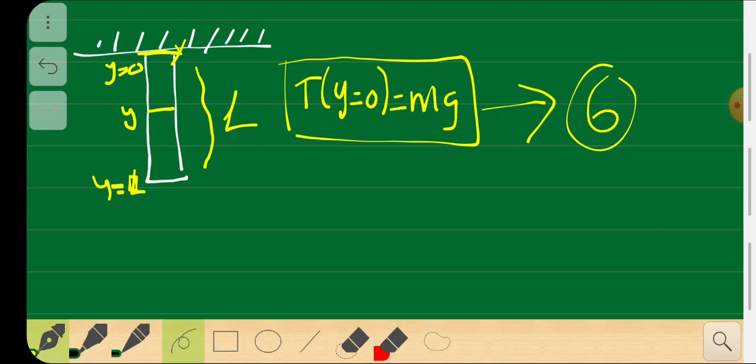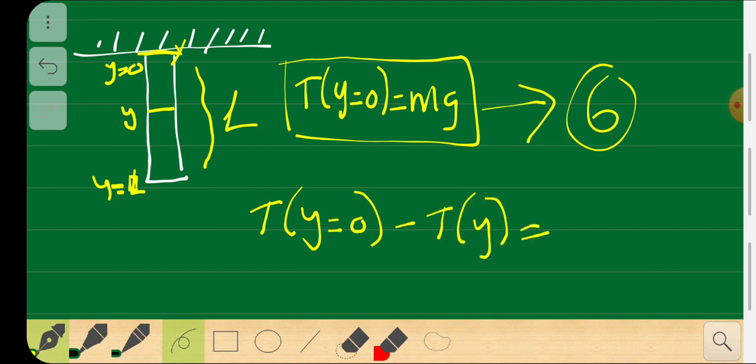So T at y equal to 0 minus T of y will be the mass m1 times g. This m1 is the mass hanging beneath this surface, so whatever the mass inside this point will be determining the tension inside this part.